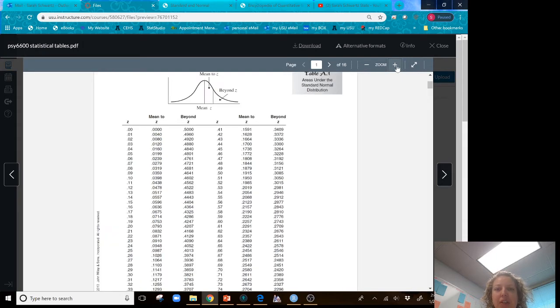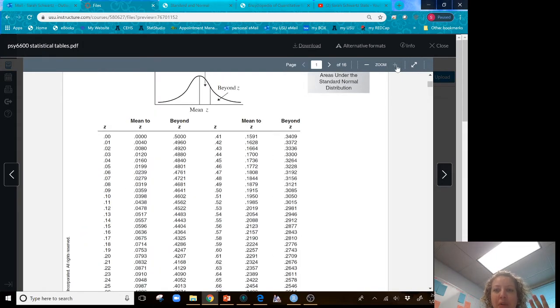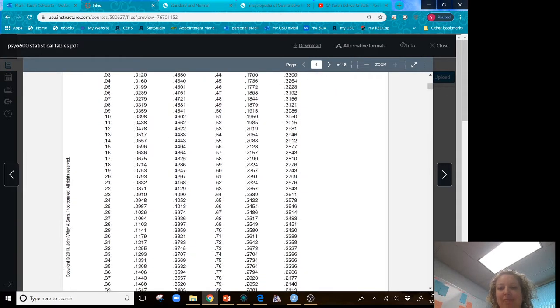So here is our Z table. Now, for problem number 4, it said the 90th percentile. So we know we have 10% in the beyond Z. So we've got to go into our table and find what z-score partners with the beyond z part to be 0.1.